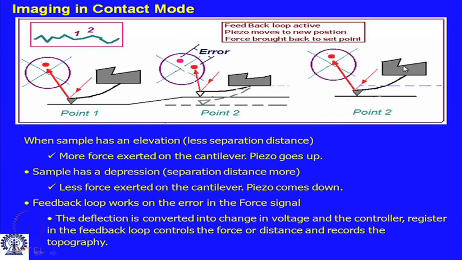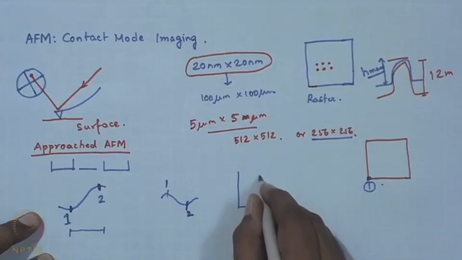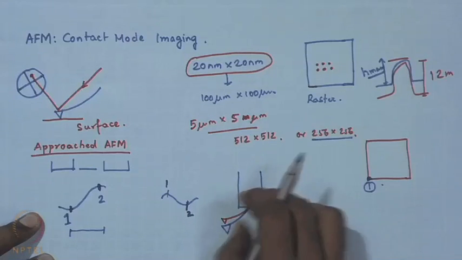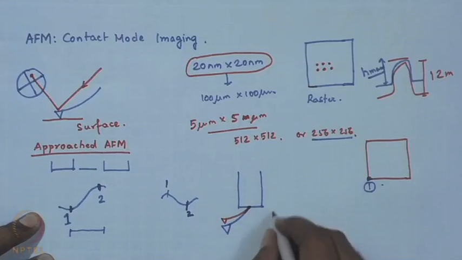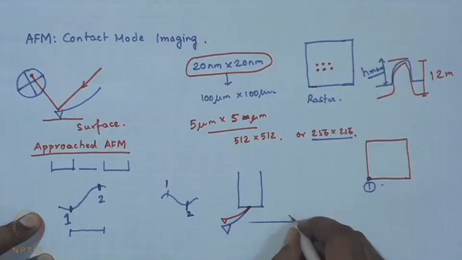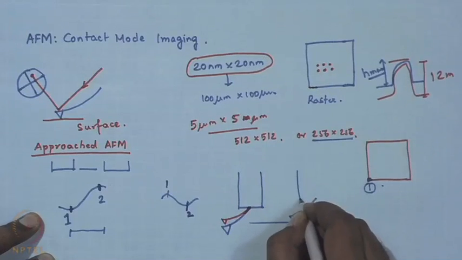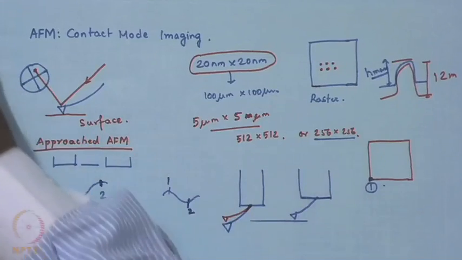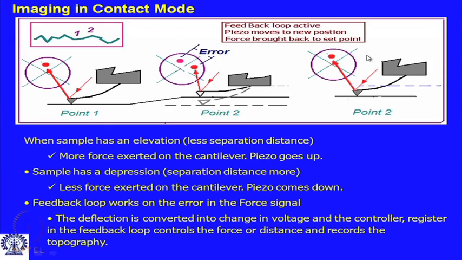So, let us say this was the geometry of the piezo. This was the initial configuration at point 1; it came to point 2 and it became like this. So, the deflection has increased. In order to take it back to its original configuration, what needs to be done? The bottom of the piezo has to go up, and this can be achieved if the piezo tube becomes wider and shorter. Okay.